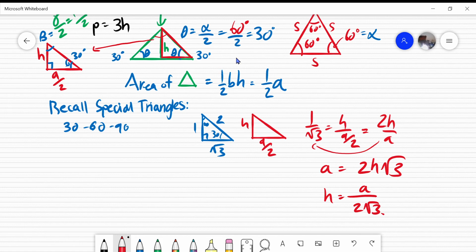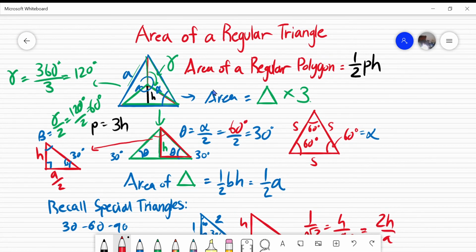Now we can put it all together, right? Because we know what h is now. And we can also directly apply this formula. So let's go ahead and do that.